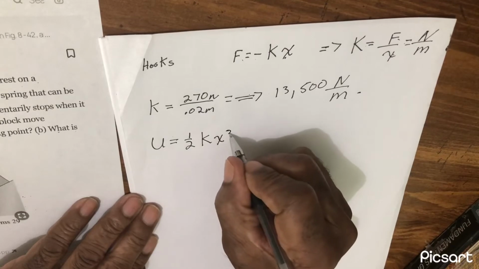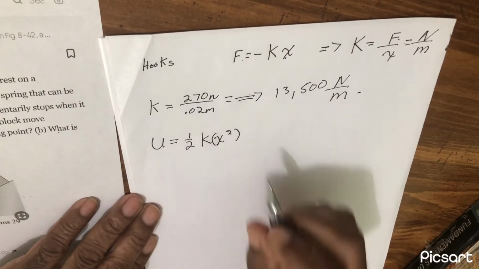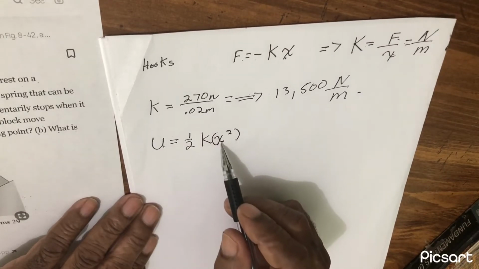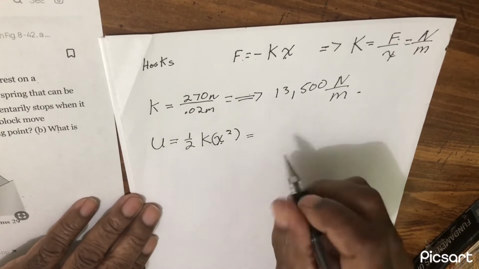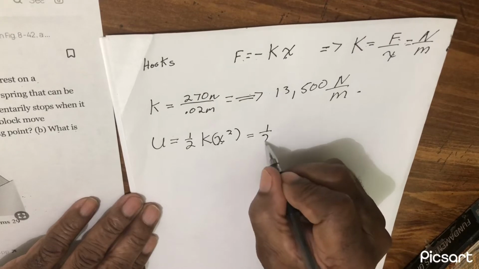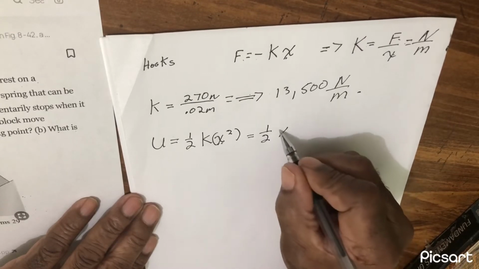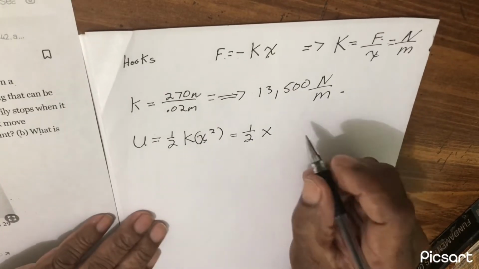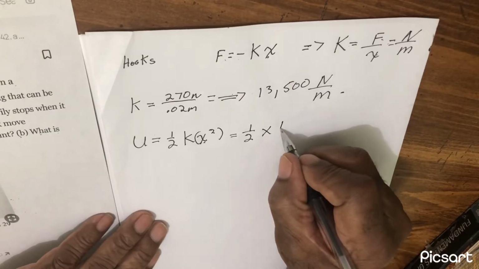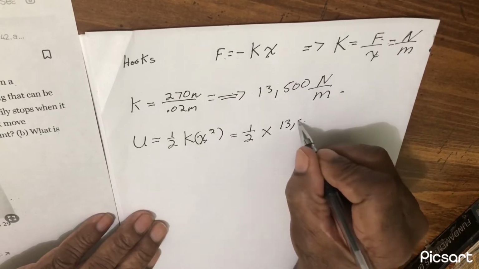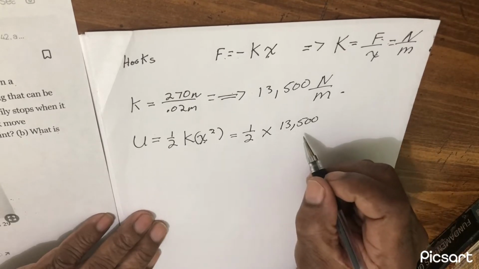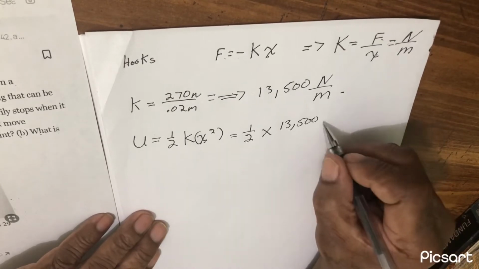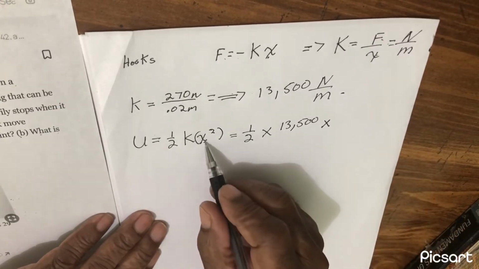x squared. Now this x is the compression of the spring. So what we have here is 1/2 times 13,500, and that's in newtons per meter, times the compression of the spring squared.